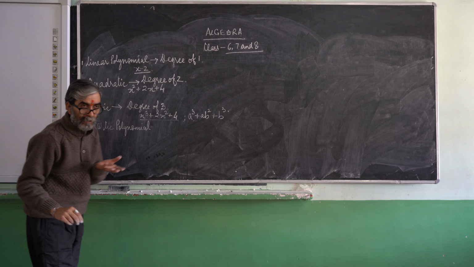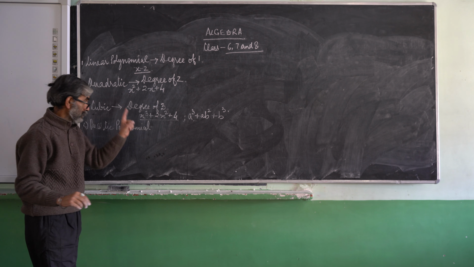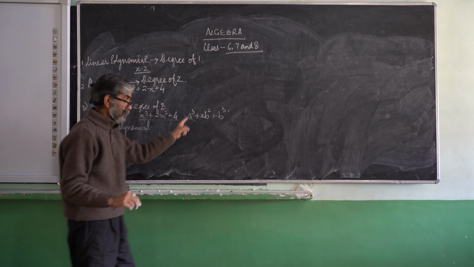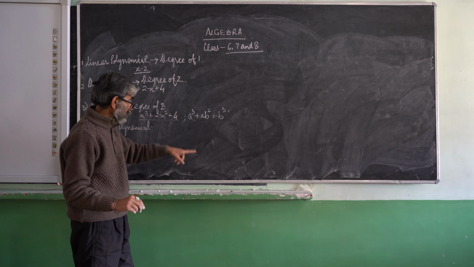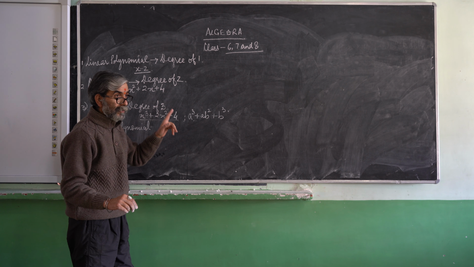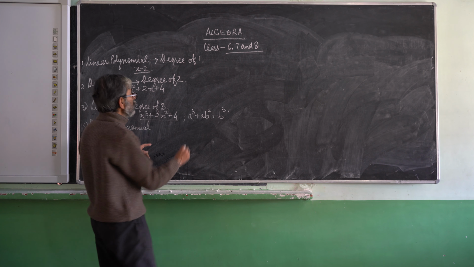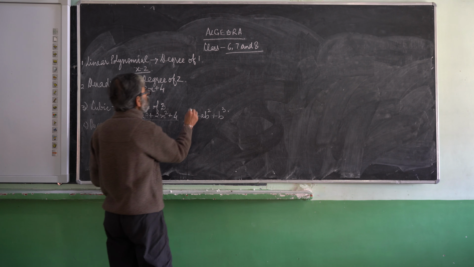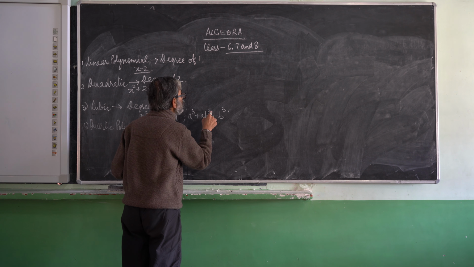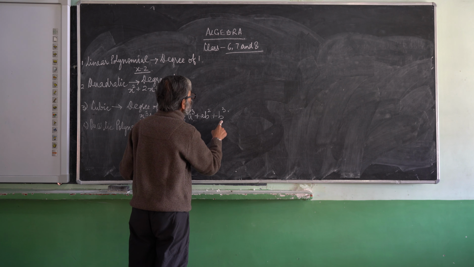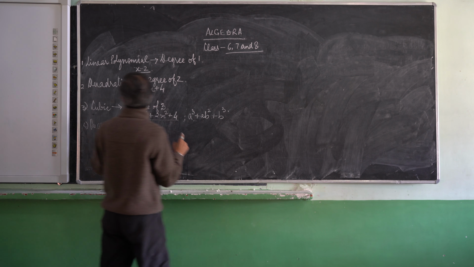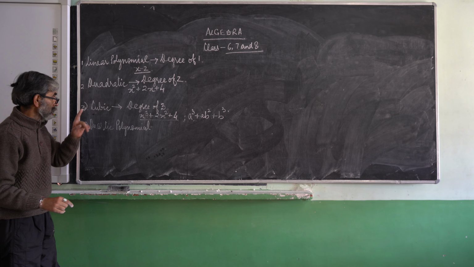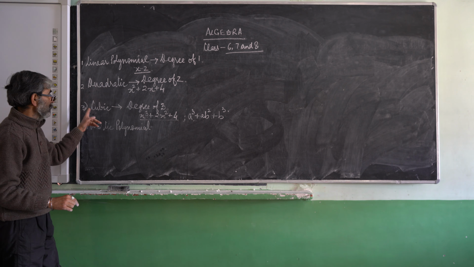What was the method to find the degree of a polynomial which has two or more terms or variables? We find out the degree of each term. The degree of the first term is 3, the degree of the second term is 1 plus 2, 3, and the third term is also 3, therefore the degree of this given polynomial is 3, and that can be termed as a cubic polynomial.